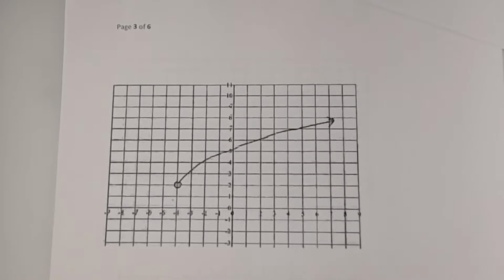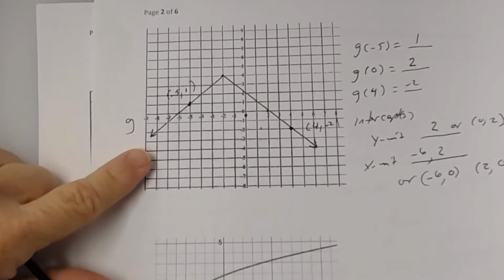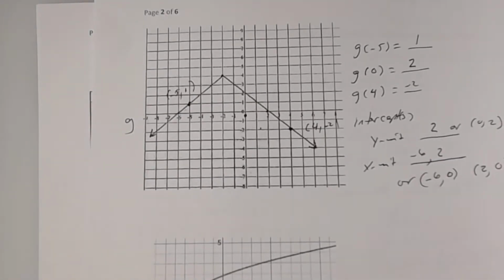Okay, so let's talk about the domain in this case now. We're going to talk about domain and range. Remember when we talked about the domain for this one right here, we said we needed to use brackets and parentheses, right? Brackets with the numbers and parentheses with infinity, negative infinity.